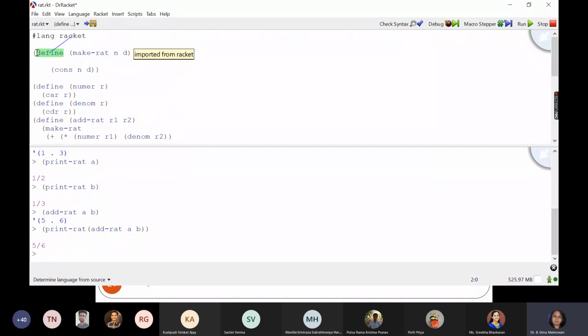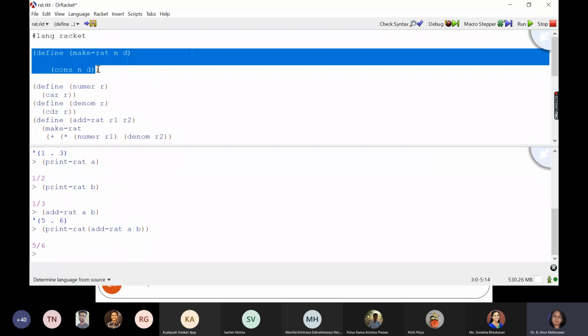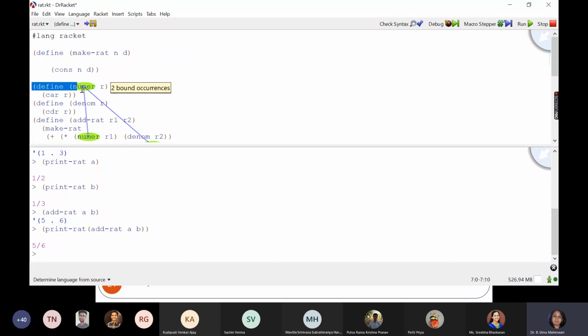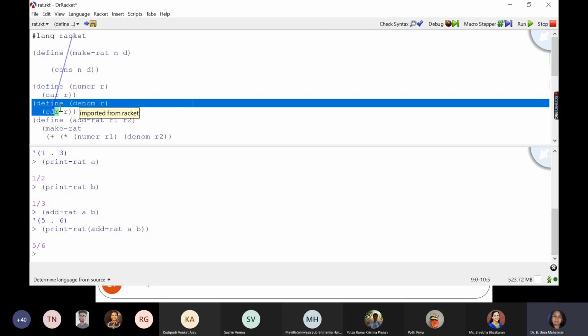So now what I'm doing is making a rational number by the procedure I explained to you. Make-rat n d, and inside I have a cons n d. This is for making a rational number. To get the numerator value I use car r, and I have a definition of denominator r for getting the denominator value from the pair.